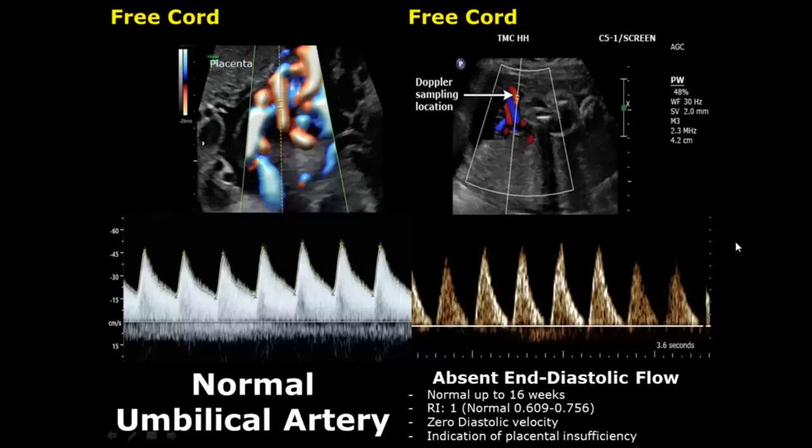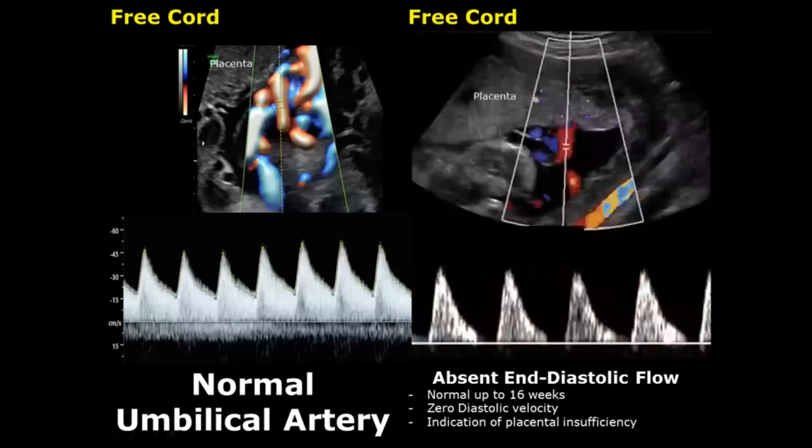But if this is seen in the third trimester or after 16 weeks, then it is a sign of placental insufficiency. The resistive index is 1. It is high. Here we have another case of absent end diastolic flow with zero diastolic velocity and indicating placental insufficiency.